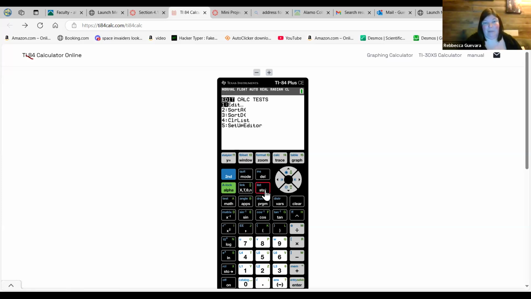But once I do that, I go back to stat, go to calculate, and right here I see linear regression AX plus B. There's also linear regression A plus BX. We just need 4. This is the one we want. So now you see that I made those fixes. Now that's going to show up. So once again, if you do not see this R in there, you need to go to mode and make sure that instead of being in math print, you're in classic.